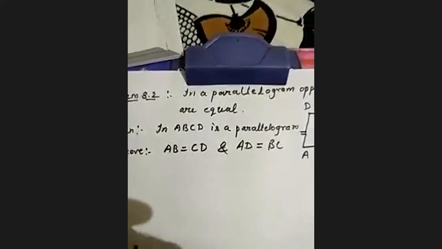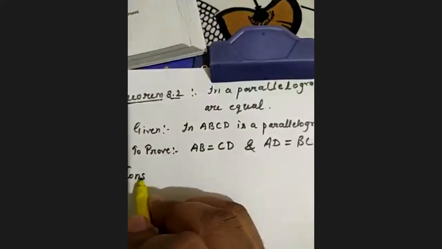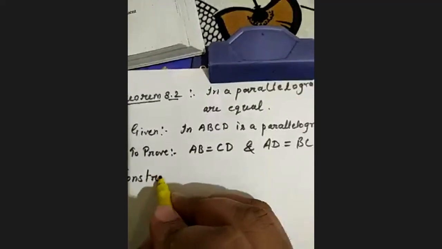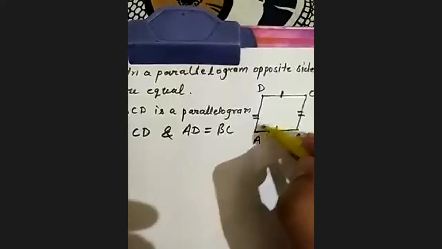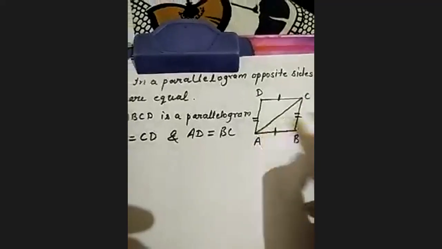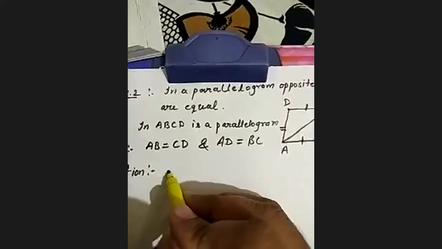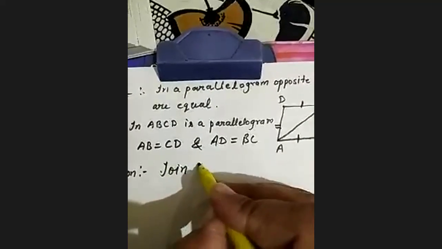So first of all we construct the line AC. Here we draw the line AC, we join AC. When you make a line or diagonal, we see that the parallelogram is divided into two triangles.